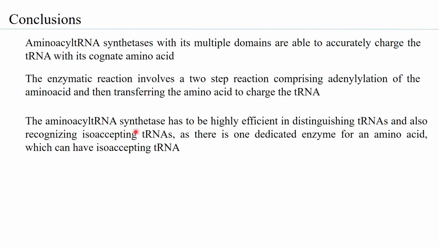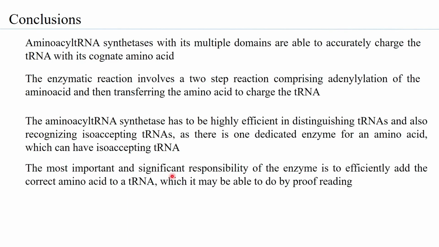The aminoacyl tRNA synthetases have to be highly efficient in distinguishing the tRNAs and also recognizing the isoaccepting tRNAs, as there is only one dedicated enzyme for an amino acid. So this one dedicated enzyme will not just have to recognize the tRNAs, but would also have to recognize all the isoaccepting tRNAs for the same amino acid, not for different amino acids.